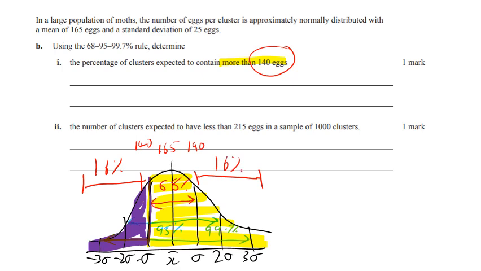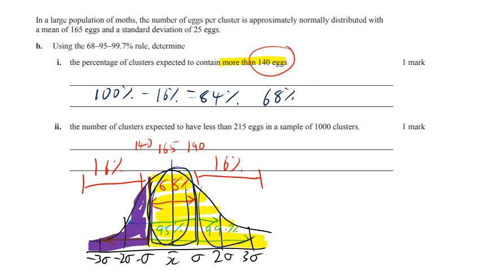So it is just 100% minus 16% gives me 84%. You could have just added up the other parts as well. So you could have said it's also the same as, if you just do the yellow part, it's 68%. If you take this chunk here and then add this other bit here, so plus 16%, that also equals 84%. It's going to equal the same number. So there's just two ways to look at that and get your number.